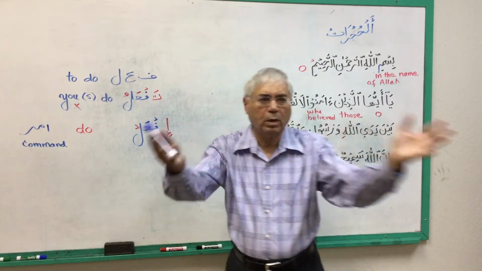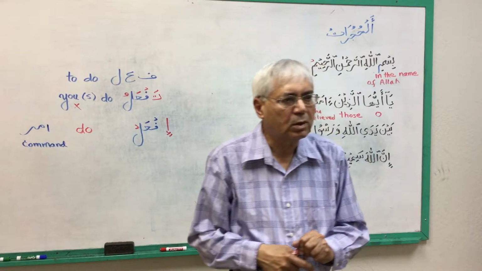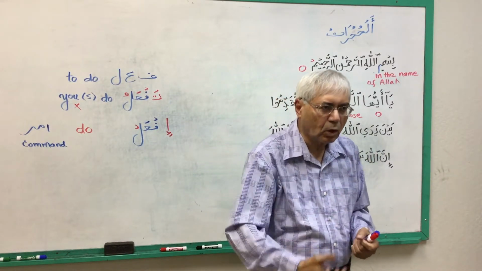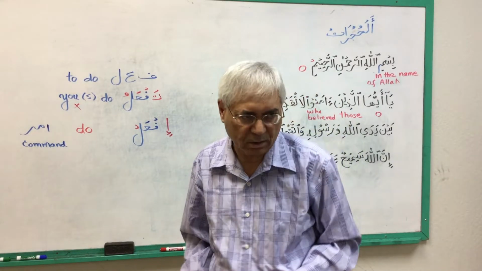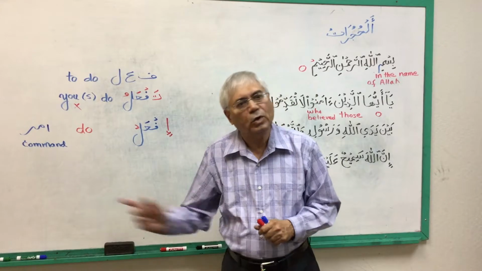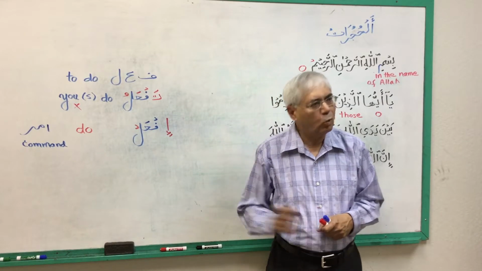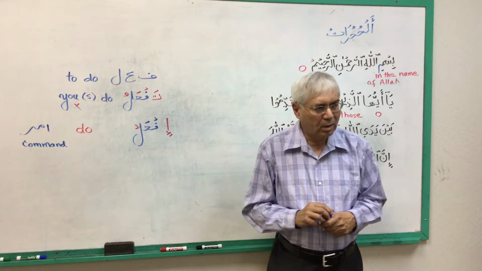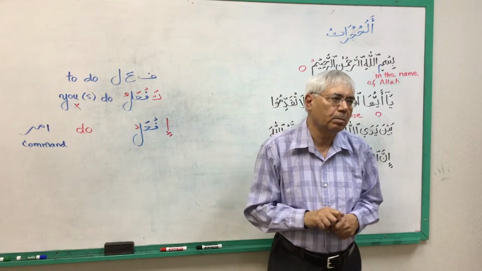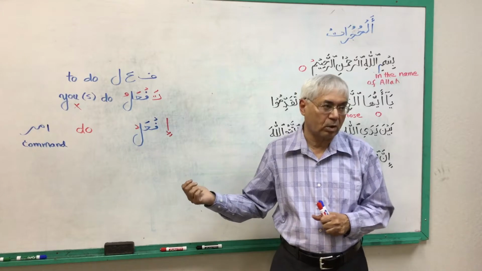If you're talking to someone of your equal status, you want him to do something, you can call this an advice or a suggestion or a request. Okay? If you're talking to someone like a child, you can call this an order. Word is same, but you have to translate based on the person you are using it for.